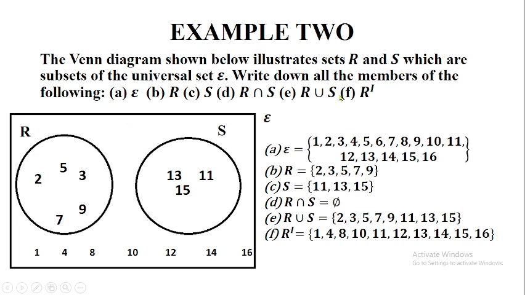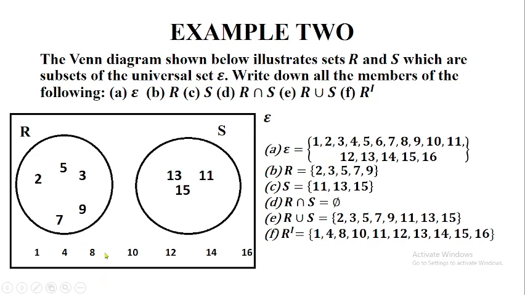Then the last question, you have to find the elements of R complement. R complement. So that means I'll remove set R. Then every other element in the universal set is R complement. So by removing set R, every other element that is left in the universal set represents R complement.